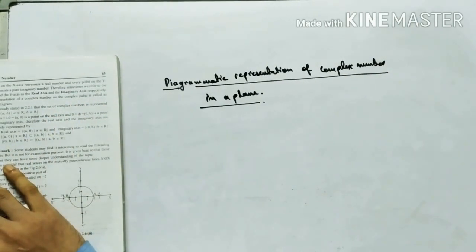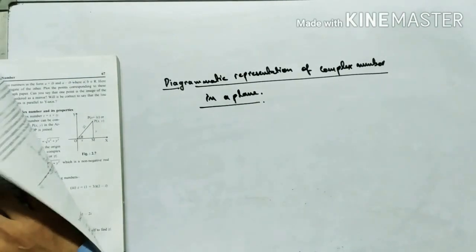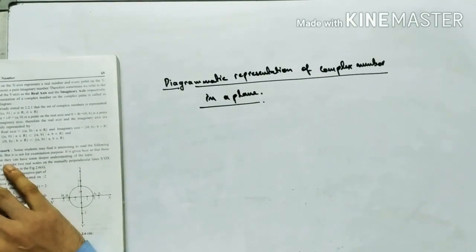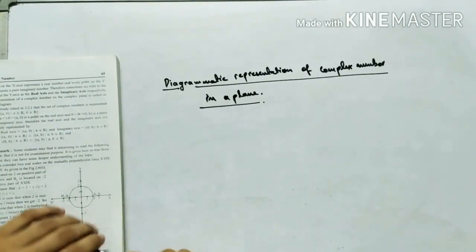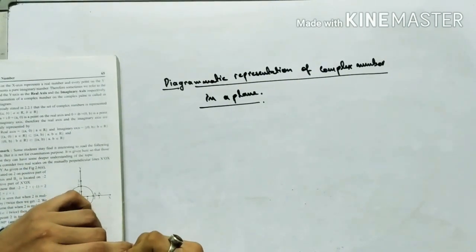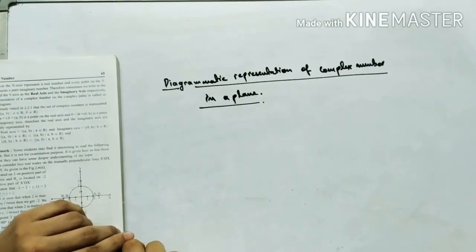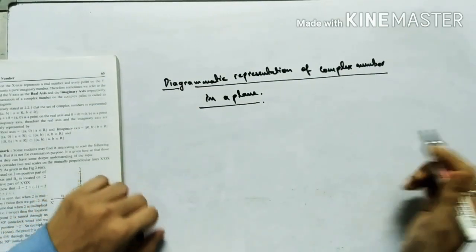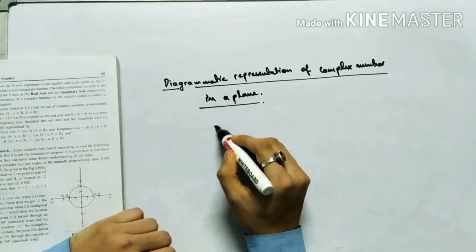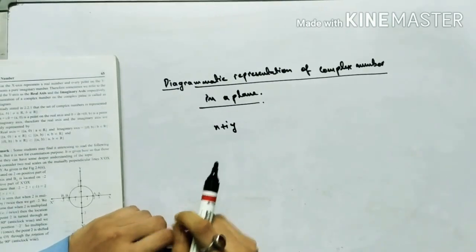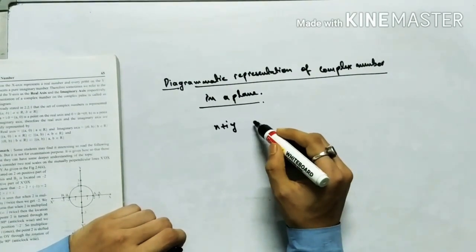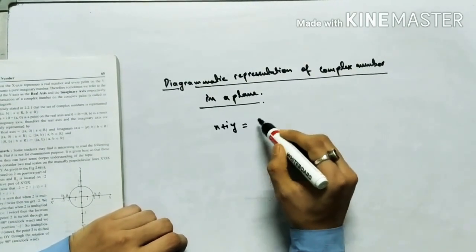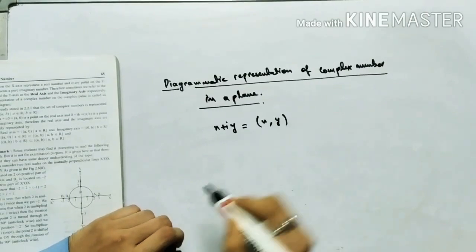The complex number -4, -3i, which corresponds to the ordered pair -4, -3, is represented in the Argand plane by point Q. So in here you see diagrammatic representation of a complex number. Since a complex number, for example x plus iy, I can consider as an ordered pair, this is equal to xy.